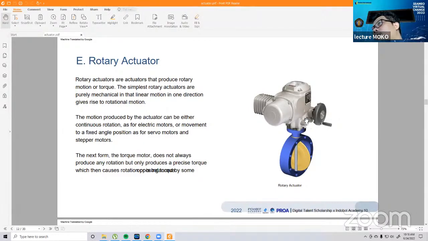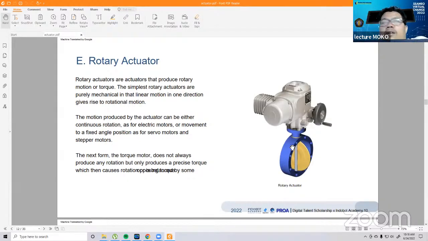As far as we know, many industries use piping systems to transfer one type of liquid to another site, to transfer one liquid to the next process, and many types of processes that we can find in industrial systems.